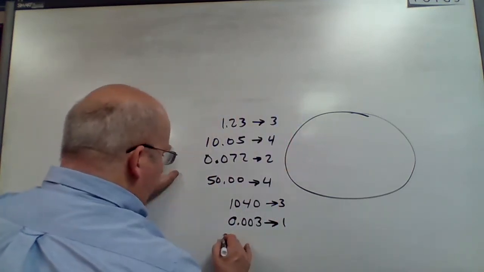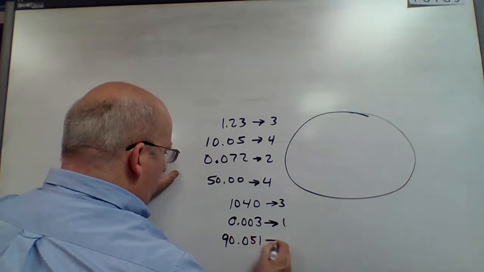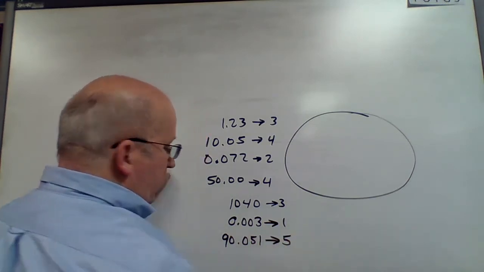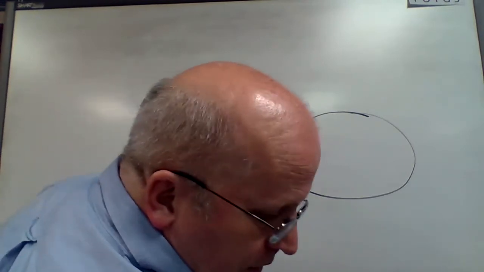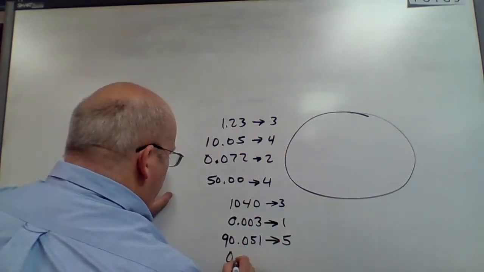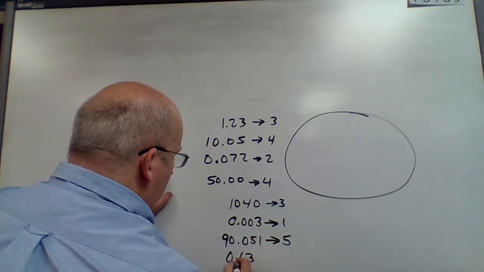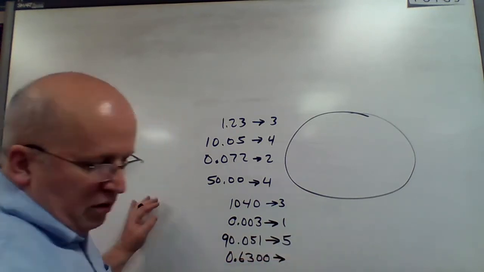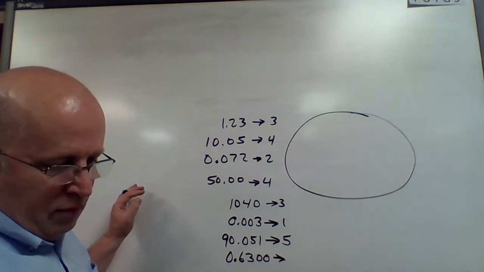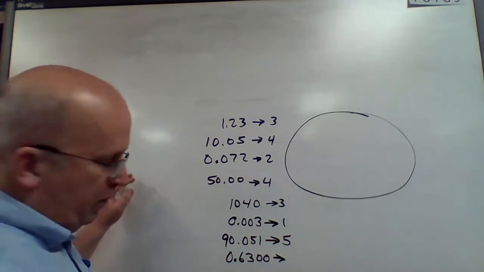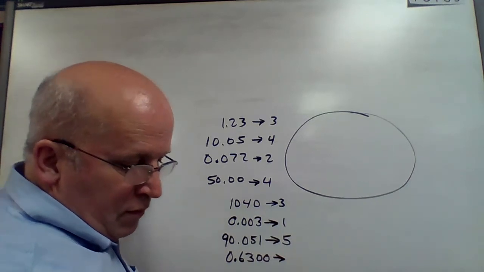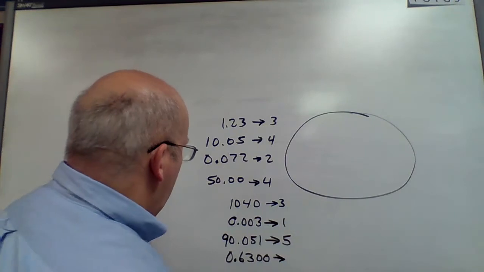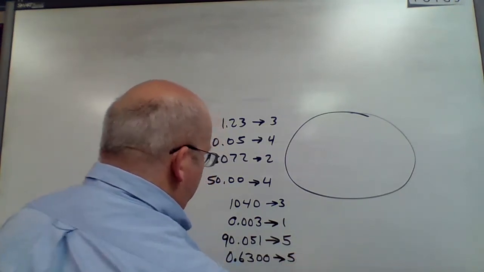How about 90.051? That number would have 5 significant digits. And how about the number 0.6300? How many significant digits would that have? That would have 4 significant digits.